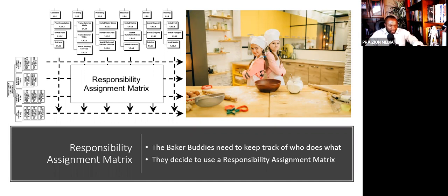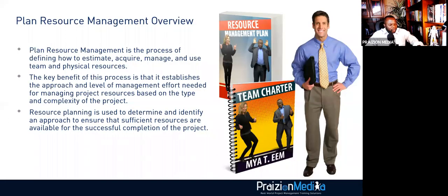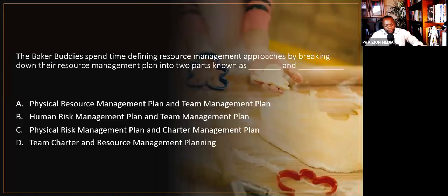So we talk about a concept, and then we give you a question about the concept. Or we show you a slide if we need additional explanation, or we give you a question. So the Baker Buddies spend time defining resource management approaches by breaking down their resource management plan into 2 parts, known as dash and dash.